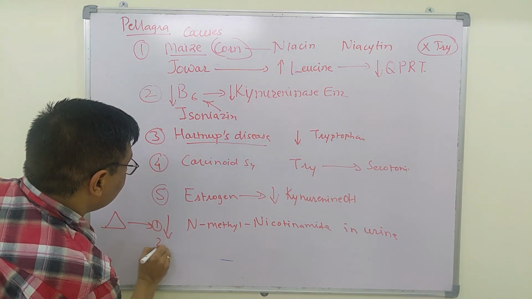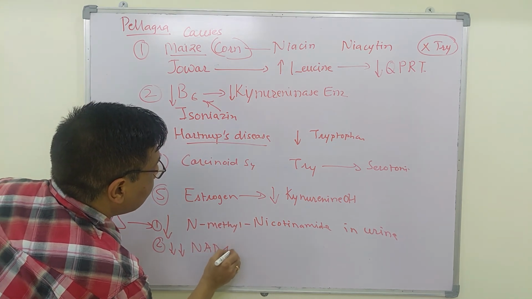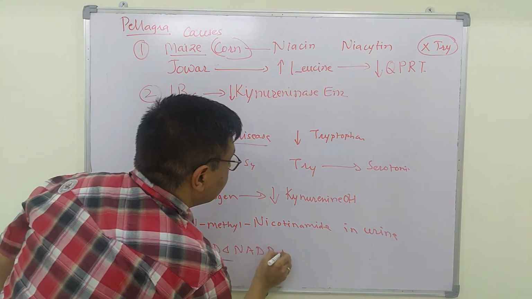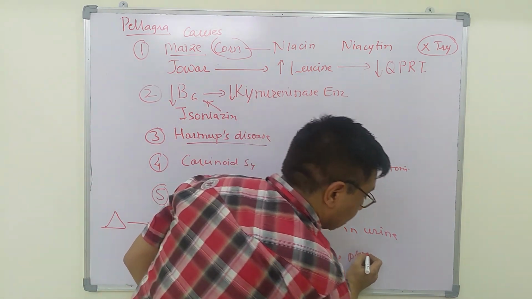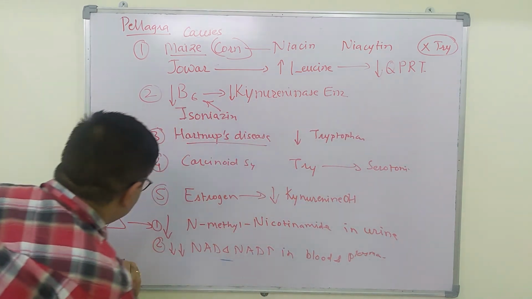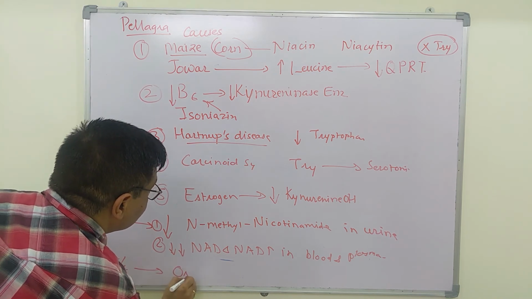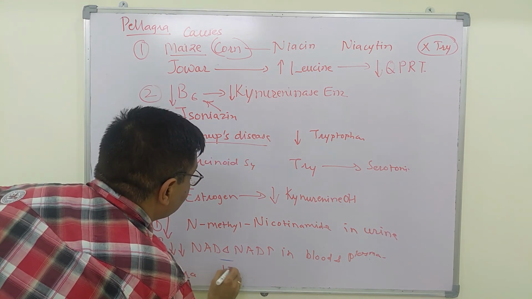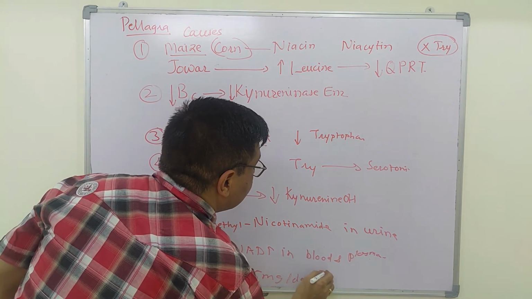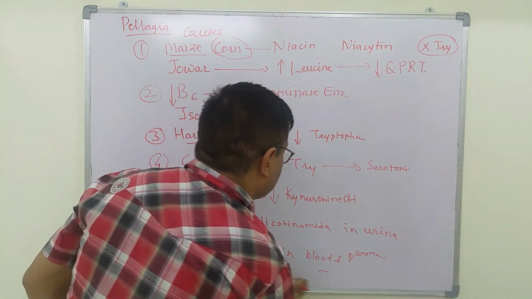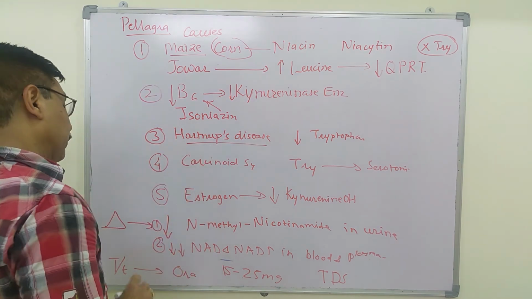Also, there are decreased levels of NAD and NADP in blood and plasma. So treatment of this is oral doses of niacin in the tune of 15 to 25 milligram per day, 15 to 20 milligram 3 times a day should be given to treat this pellagra.